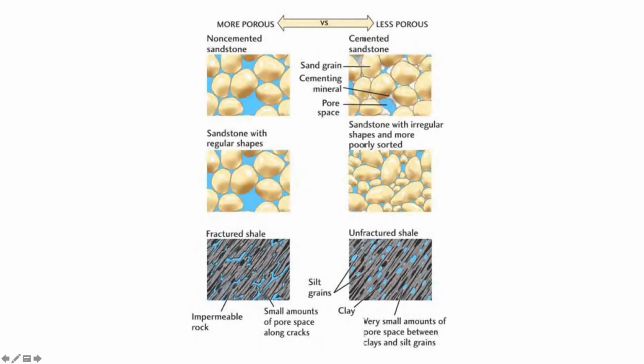Sorting. Well sorted material will always have higher porosity than poorly sorted material. The reason for that is if you're poorly sorted, you can fit small grains in between the bigger grains.